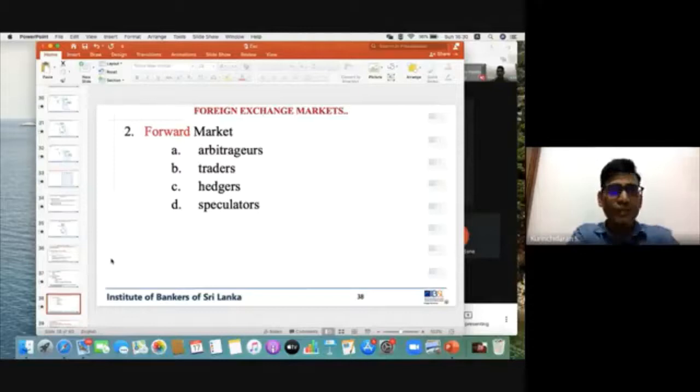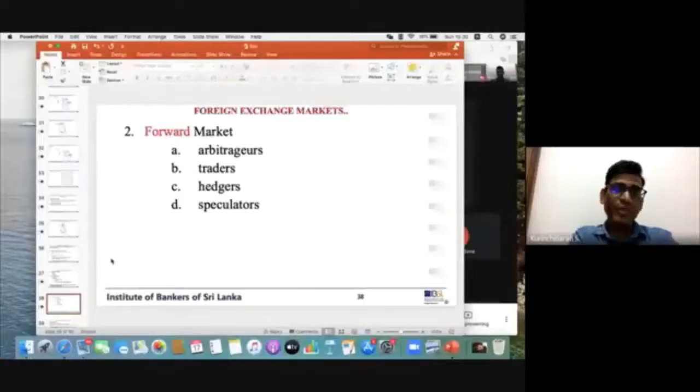But in the forward market, the currency is not delivered immediately. In the forward market, there are four types of players: arbitrageurs, traders, hedgers, and speculators.